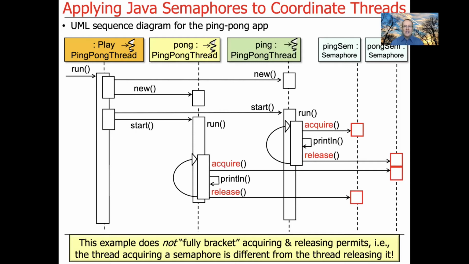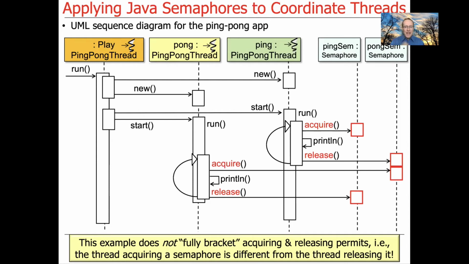And here's what it looks like. The first thread, the ping thread, will start out, and they both run the same logic. They both go through a loop where they acquire and release the semaphores, except that both objects acquire and release the semaphores in opposite order. So the ping thread will go ahead and acquire the ping semaphore. You can see when it acquires the ping semaphore, it'll get it because it starts out not acquired, or unlocked.